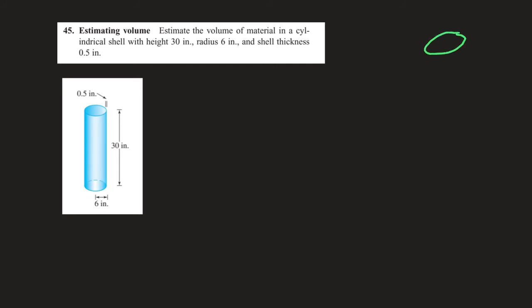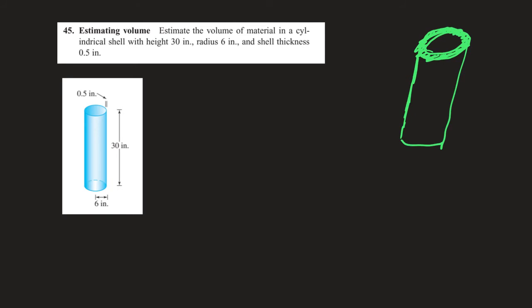So if we have the top of the cylinder here, there's a thickness to this thing. And what we're asking is how much material it takes to make it, right? So you can't really see the thickness from the outside because it's covered up, but you can see it at the top, right? That there's this thickness here that we're worried about.